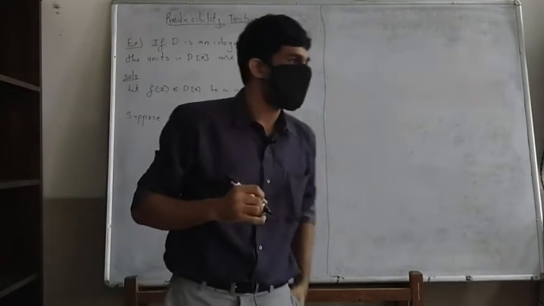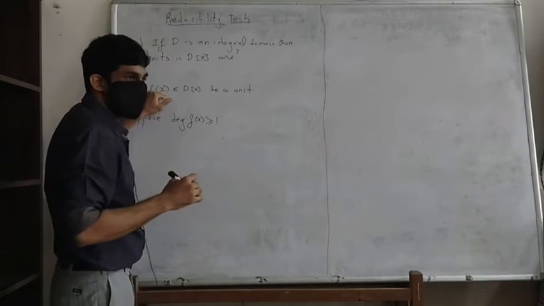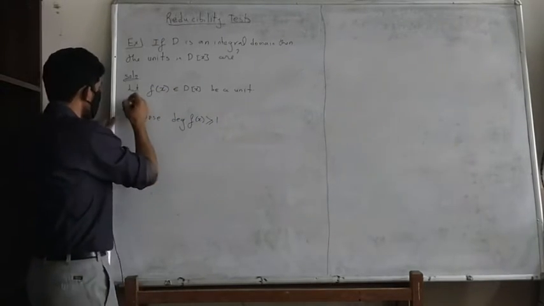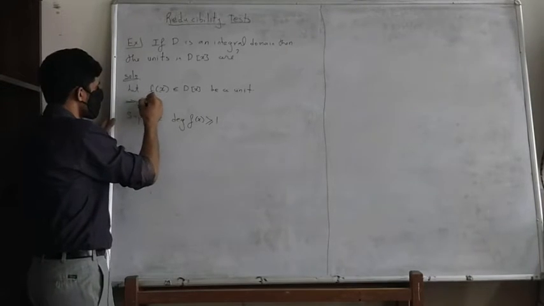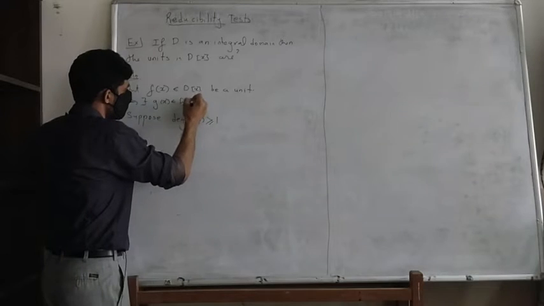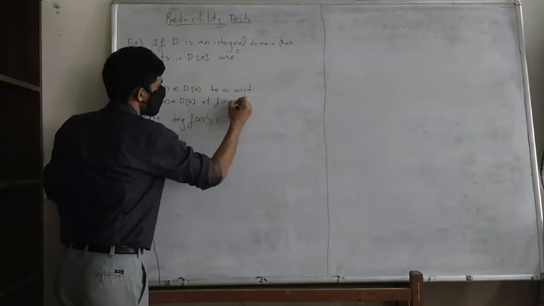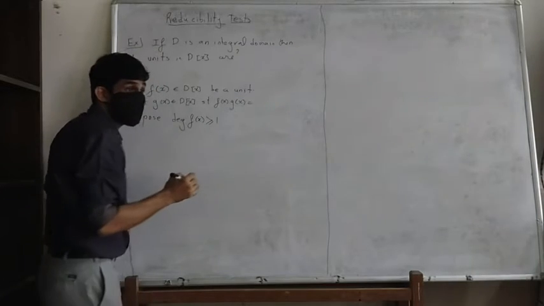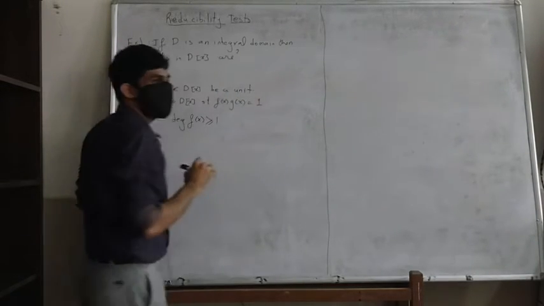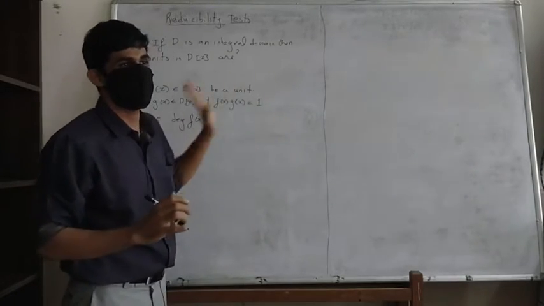Now if this is a unit, we know it has a multiplicative inverse, right? It means that there exists some g(x) in D[x] such that f(x) times g(x) is the constant polynomial 1. And we agreed that we are going to use the same 1 of the D in D[x].